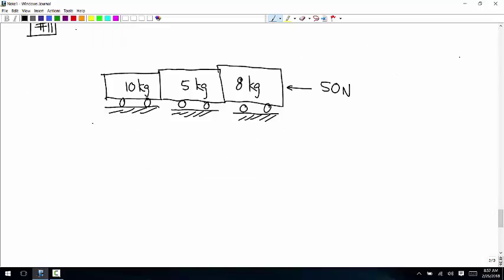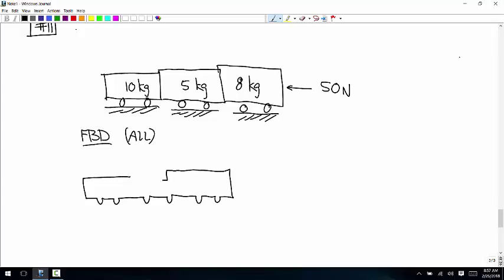Okay, so we're going to do a free body diagram of all of the carts together. This level of detail is probably unnecessary, but whatever, there's the outline. So what forces are acting? There's a downward weight force.